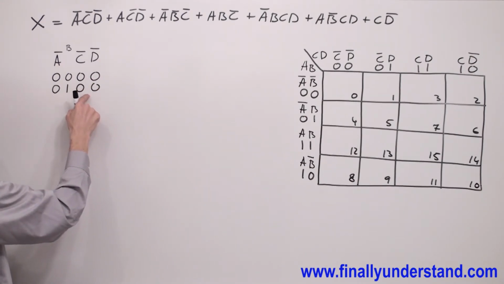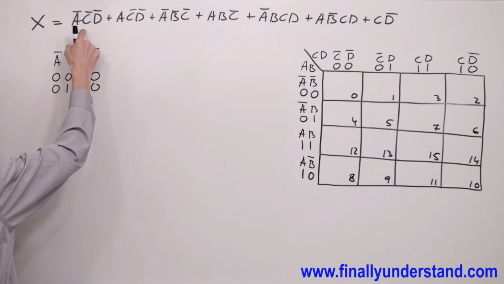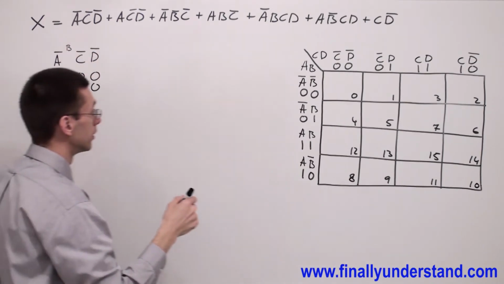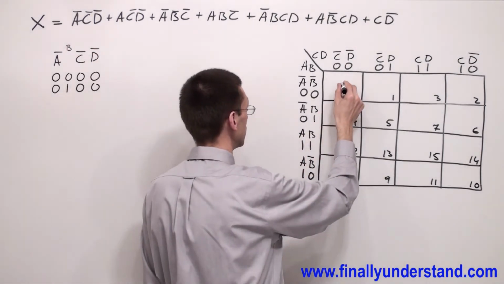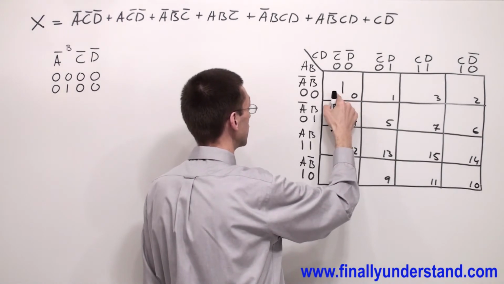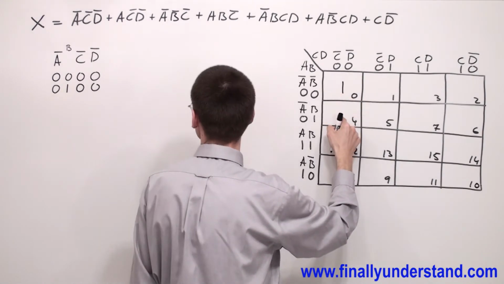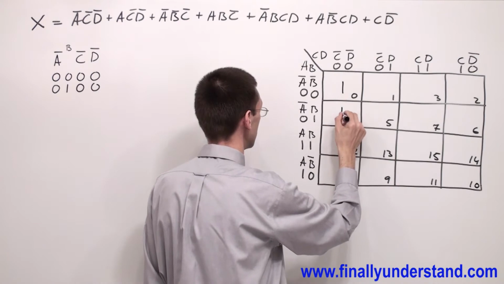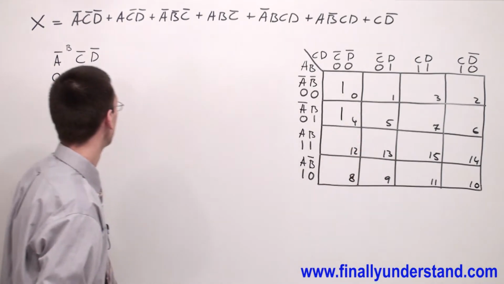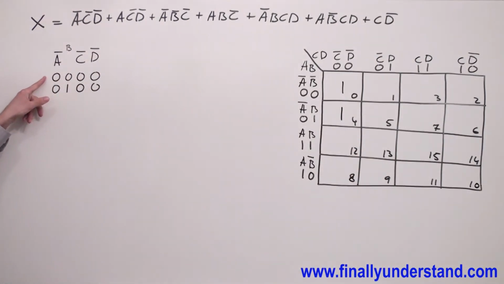It means that this term represents 2 ones, 1 in cell 0 and 1 in cell 4.